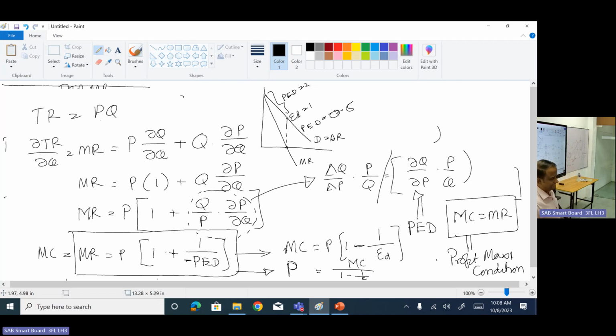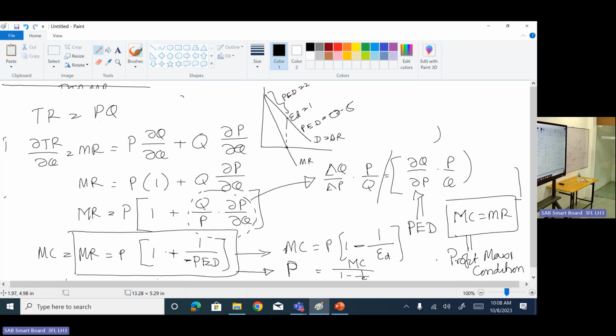Is it clear? You can derive this one, but keep these in your mind and check those things. The concepts should be there, because it is the graph we drew, the relationship.